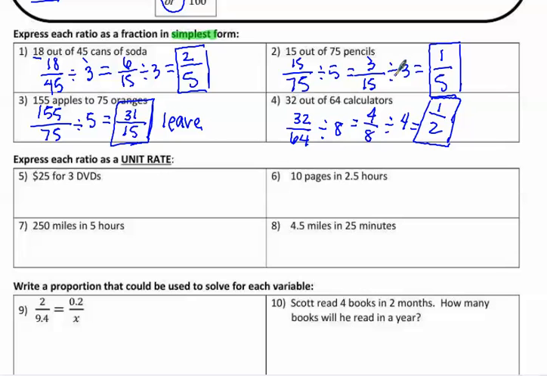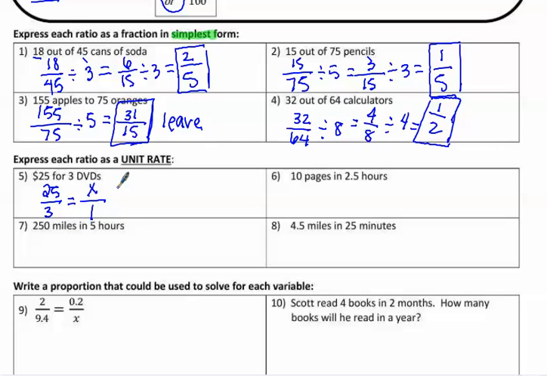Let's talk about unit rate. $25 for 3 DVDs. So that's $25 for 3 DVDs. You want to find out how much it is for 1 DVD.